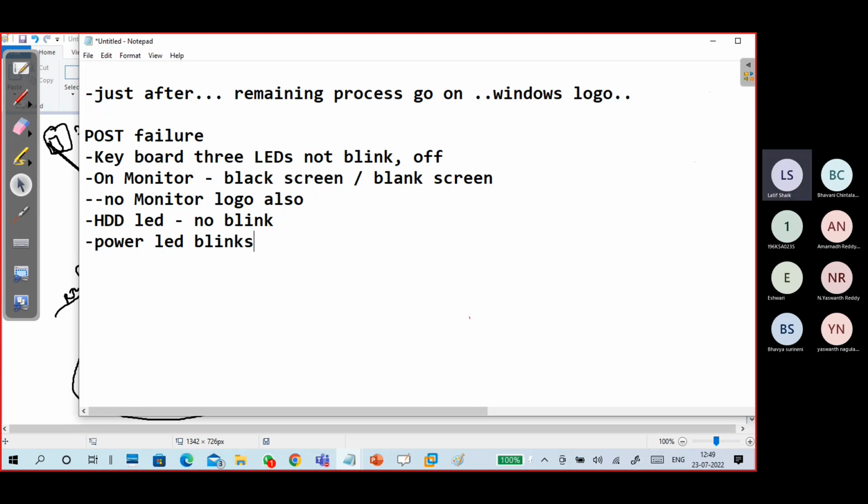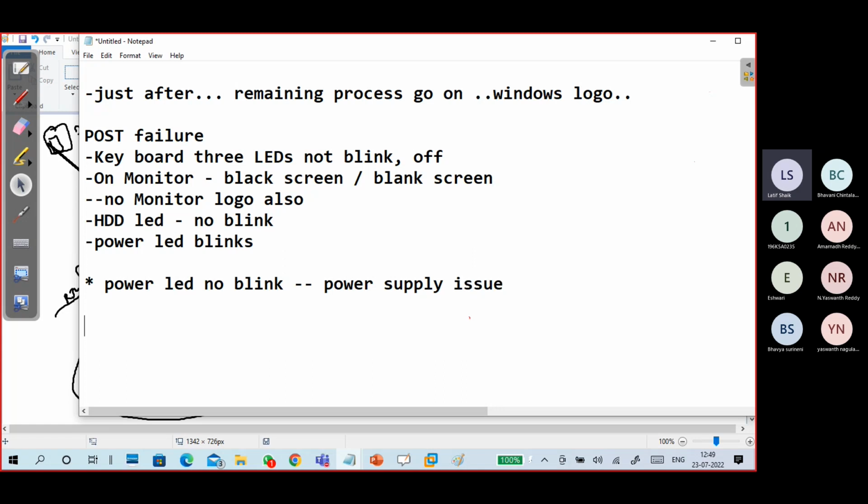If the power LED is also not blinking, there is a power supply issue. It is related to power supply, either SMPS or main power supply issue.